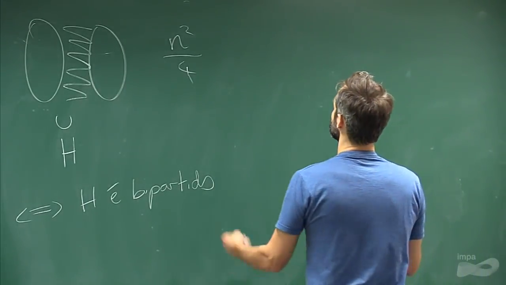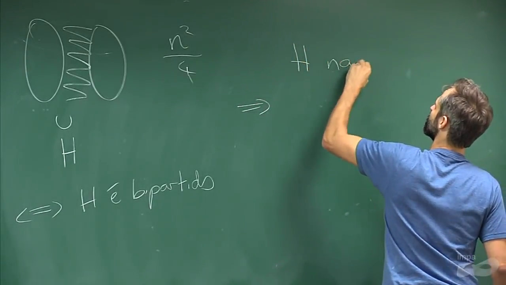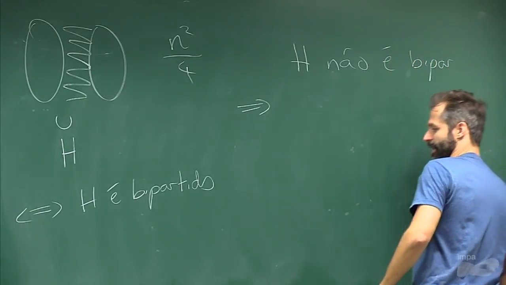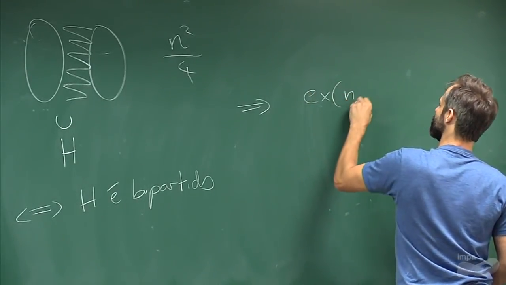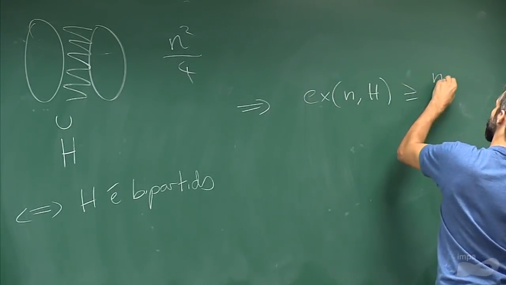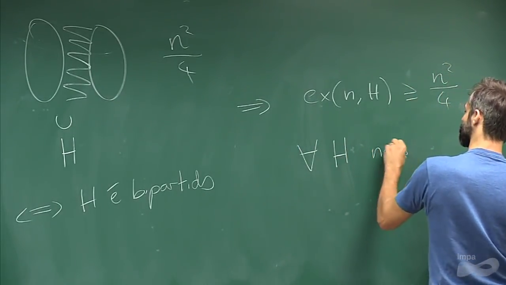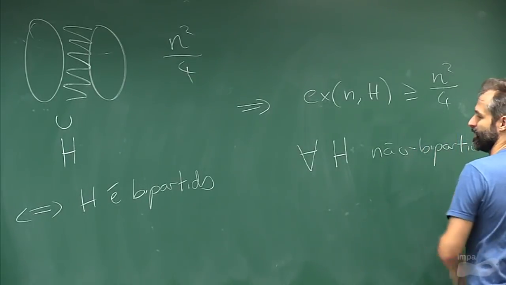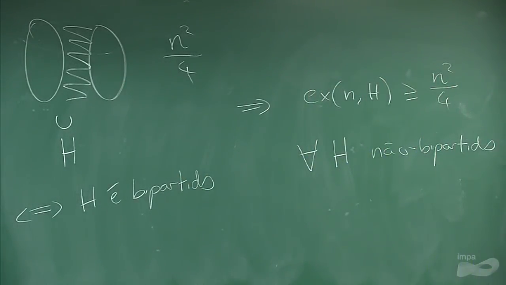So what does this say? This implies that the extremal number of H is at least n squared over 4 for all non-bipartite H. Every H that doesn't fit in here, just by this example, the extremal number is at least n squared over 4.